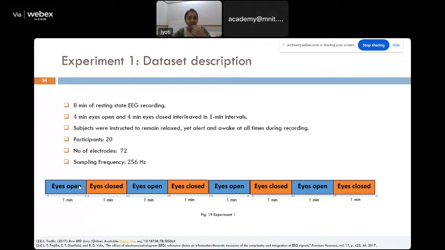So there also we have applied the same thing. What we have done, we have EEG recording for this whole 8 minutes. Then the whole EEG data is divided into small overlapping segments. For each segment, we have the functional Pearson correlation coefficient matrix. From the correlation coefficient matrix, we found all the eigenvectors and eigenvalues.